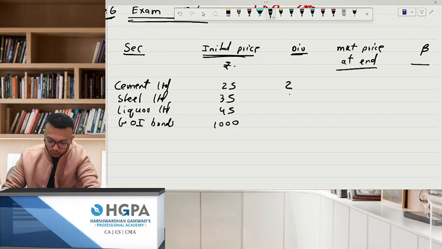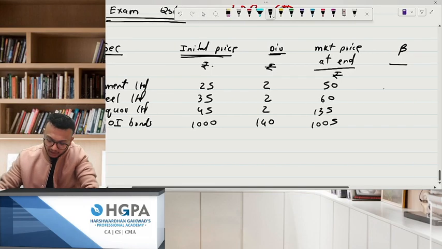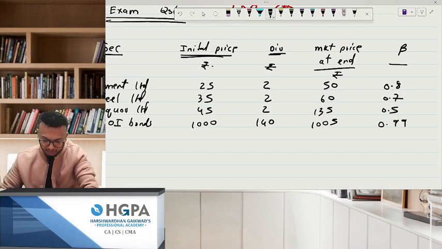Dividends are 2, 2, 2 and 140. Price at the end, all in rupees, is 50, 60, 135 and 1005. Beta is 0.8, 0.7, 0.5 and 0.99.